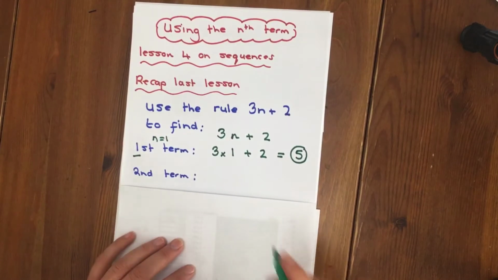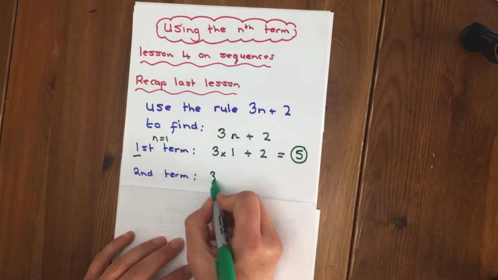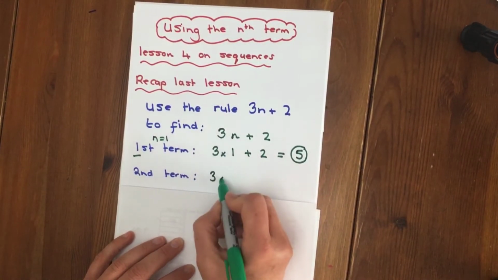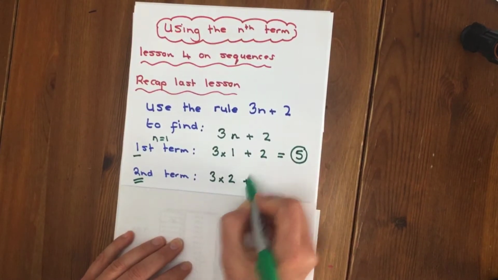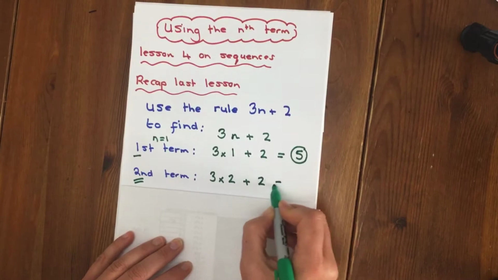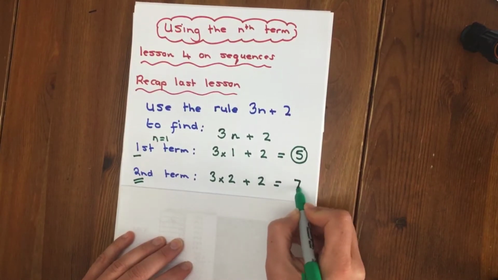Right, second term, the 3 stays where it is in 3n, my n changes to 2, and my 2 stays the same. 6 plus 2, 8.